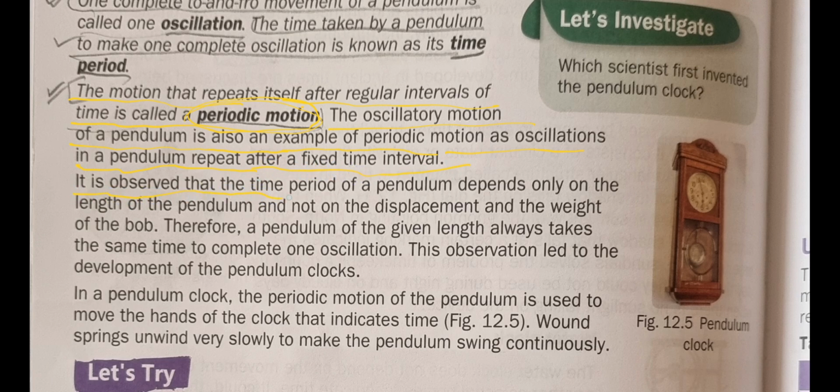It is observed that the time period of a pendulum depends only on the length of the pendulum and not on the displacement and the weight of the bob. Therefore, a pendulum of a given length always takes the same time to complete one oscillation. This observation led to the development of the pendulum clock.